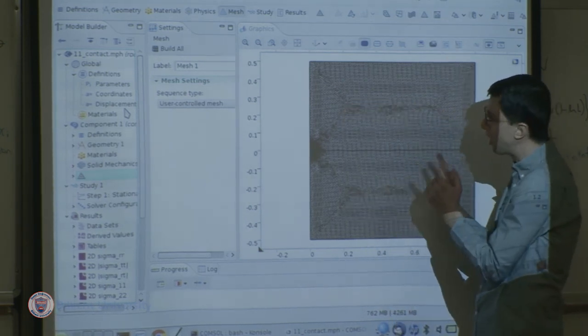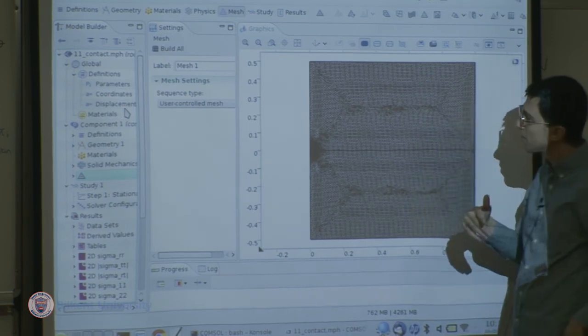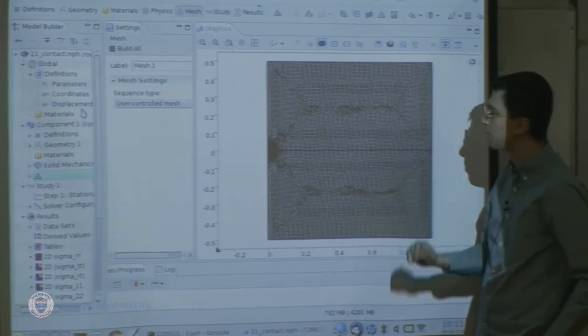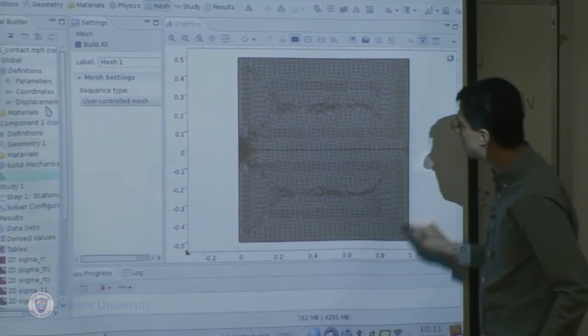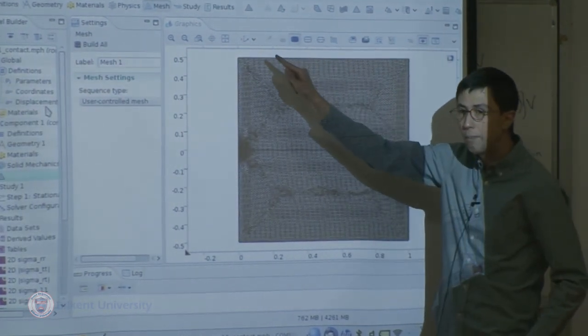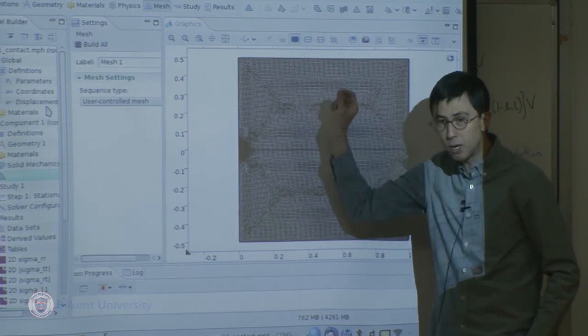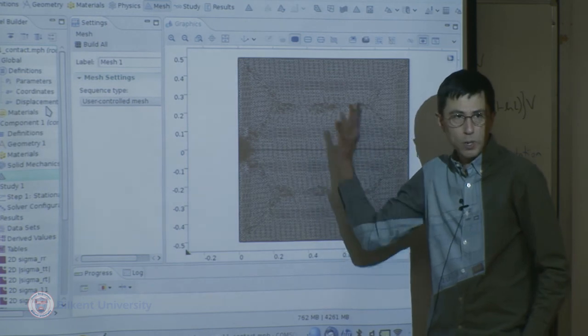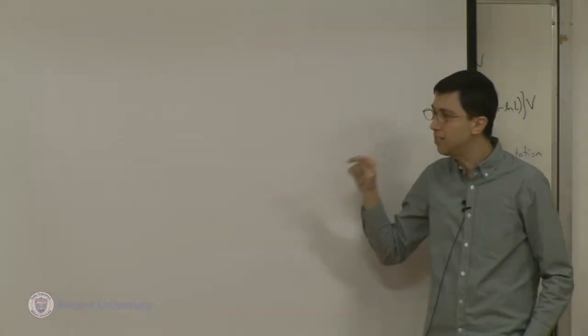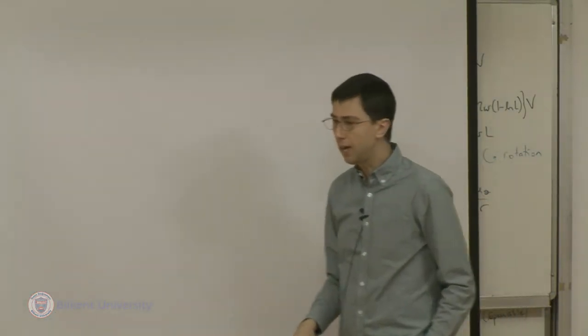So what I will do is something that is a clever thing to do in these types of problems. Here, which represents a cut from the infinite domain, I'm going to impose displacement boundary conditions. Okay? I'm going to say what the displacement is. You always need boundary conditions. And the displacement is going to come from the analytical solution.